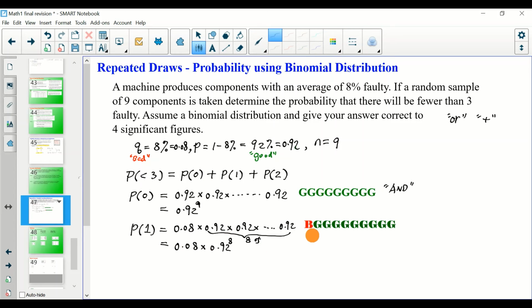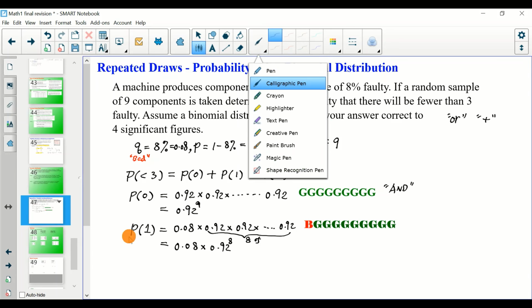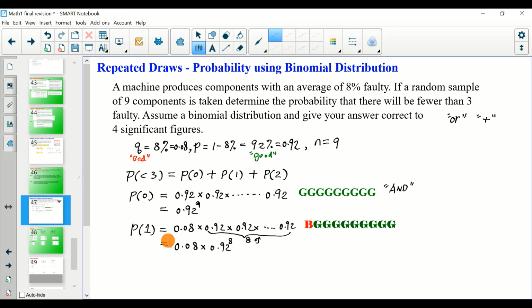Whether it's the first one, second one, third one, the probability is going to be the same, and there's 9 different ways that one bad product can occur among the 9. So this probability has to be multiplied by 9 to get all the different possibilities.